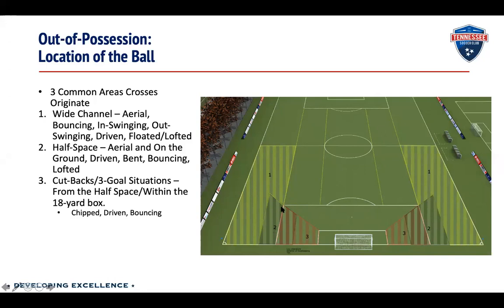And you'll see later that even this half space channel is drawn differently on one of the slides because it depends on the player that we're talking about. Okay, so again, this wide space channel is in yellow.